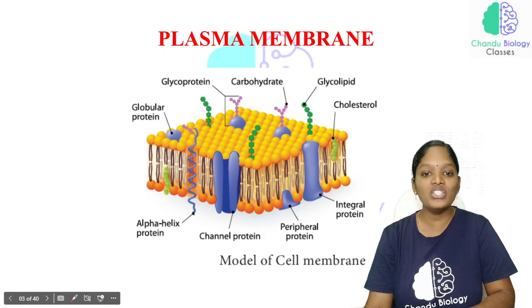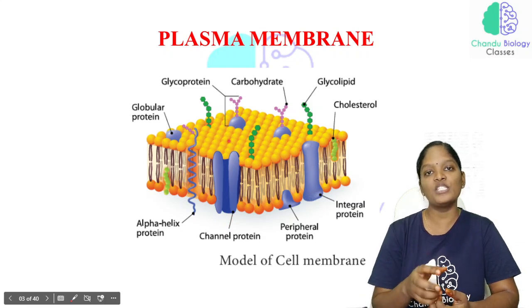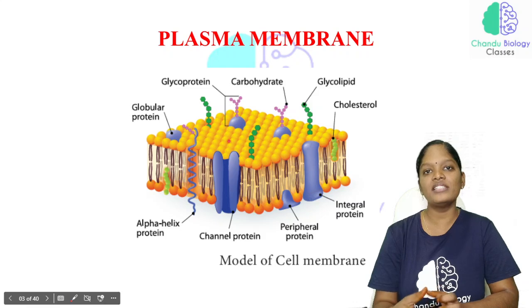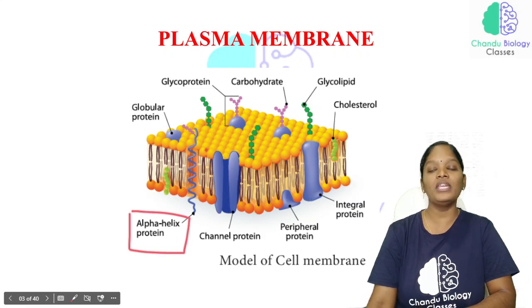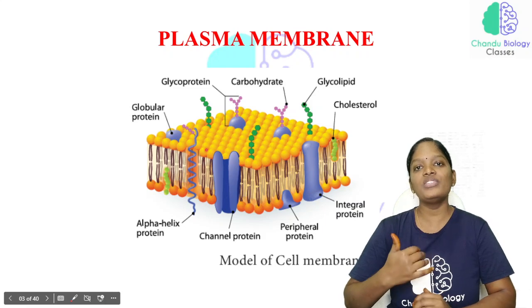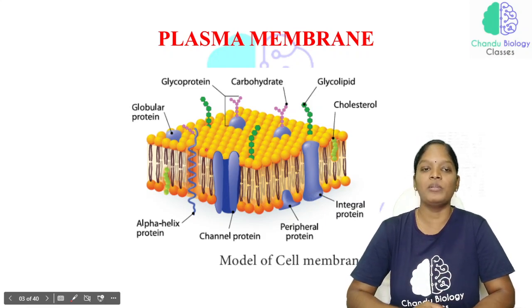We have a channel protein so that all the contents can be easily transported with the help of this channel, and this channel is nothing but a protein, made up of protein. Also we have an alpha helix protein. Alpha helix and beta pleated are structures of a protein, and we also have the alpha helix protein in the plasma membrane.